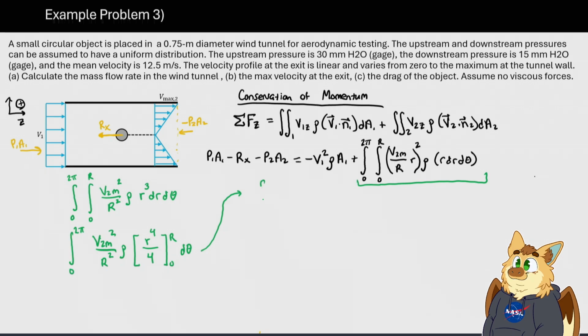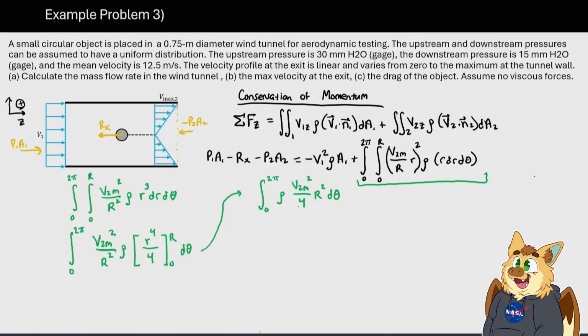0 to 2 pi of, so let's put the rho out front just to make it easier here. This would be V2m squared, all divided by 4 times R squared, d theta. And then this last part here is pretty simple.